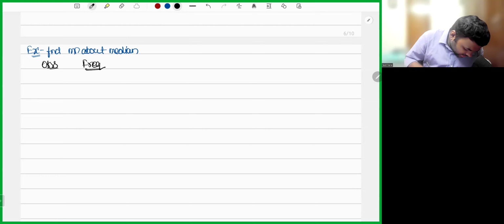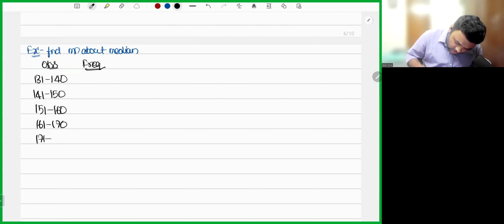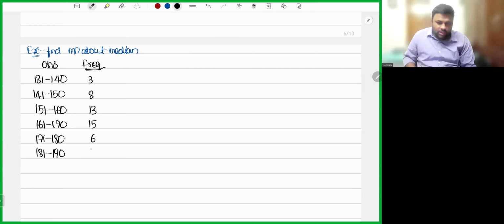The observations are 131 to 140, 141 to 150, 151 to 160, 161 to 170, 171 to 180, 181 to 190. The frequencies are 3, 8, 13, 15, 6, 5. You are asked to calculate the mean deviation about the median.